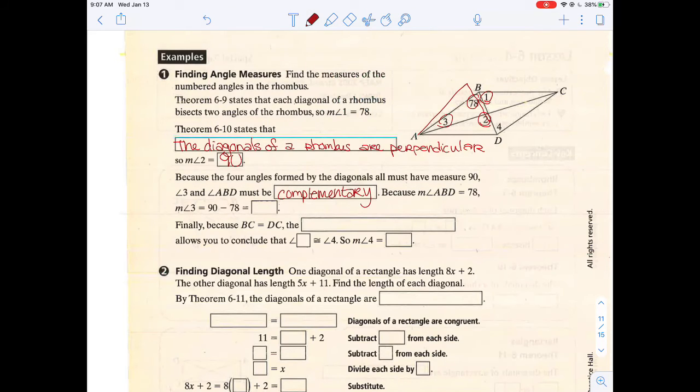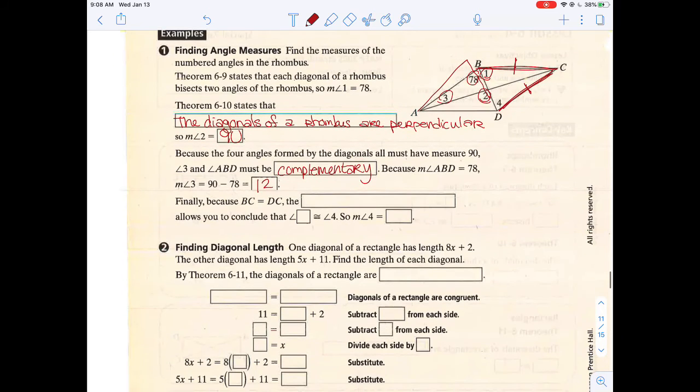So measure of angle 3 equals 90 minus 78, which is 12. So angle 3 is 12 degrees. Finally, because BC equals DC, the isosceles triangle theorem allows you to conclude that the measure of angle 1 is congruent to 4. So the measure of angle 4 is 12.